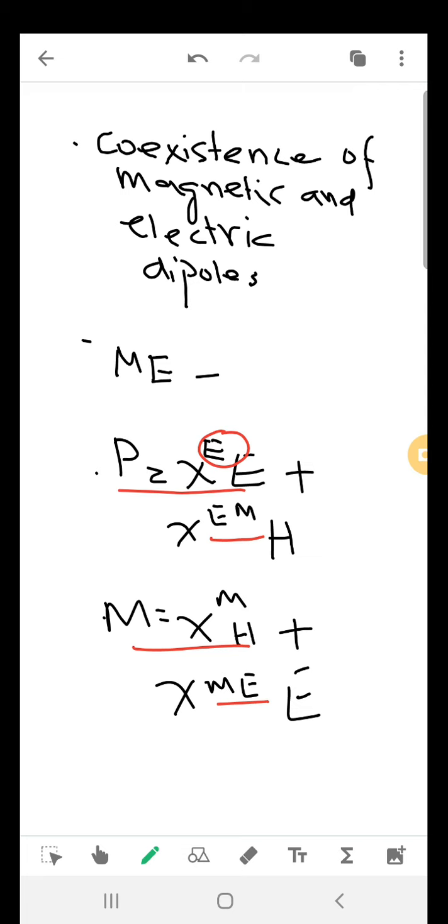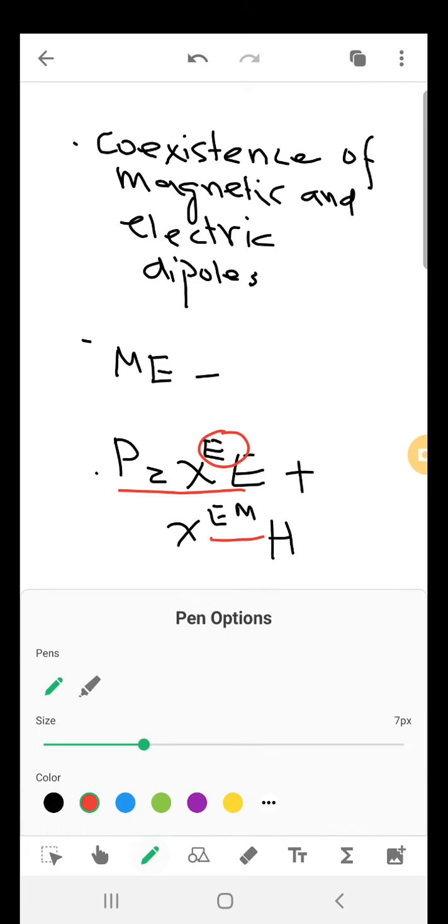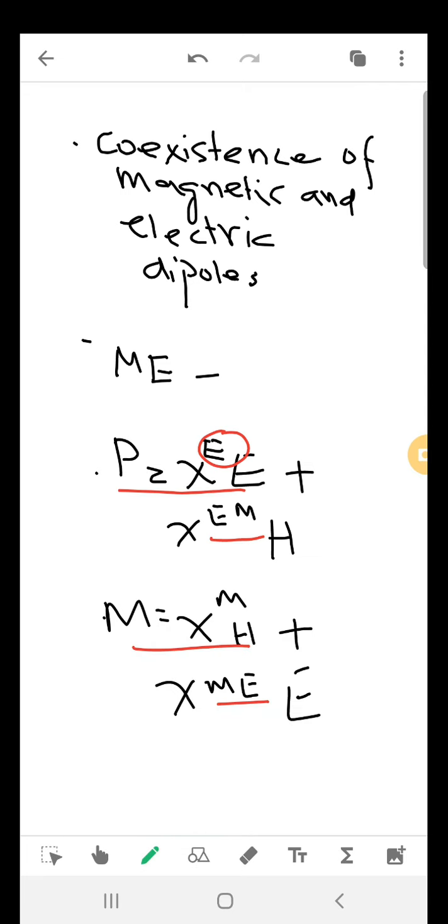These are the susceptibilities. This is the electrical susceptibility, as we all know. This is the magnetic susceptibility.